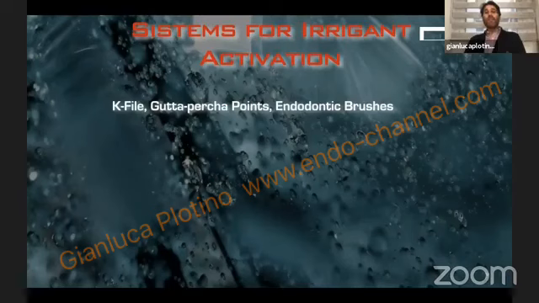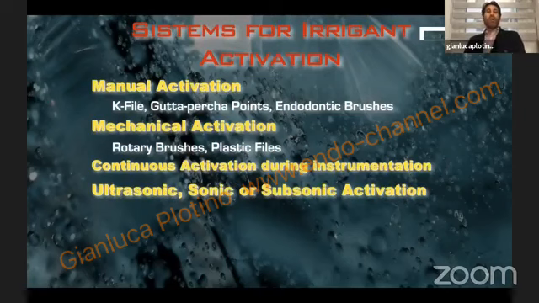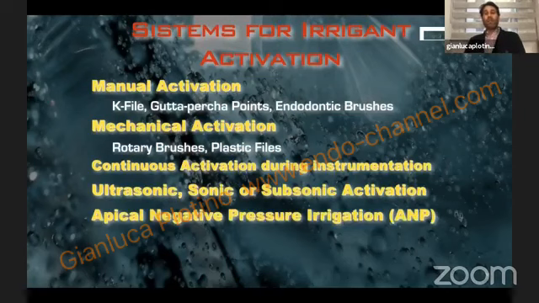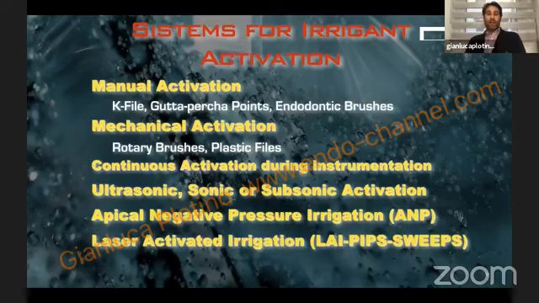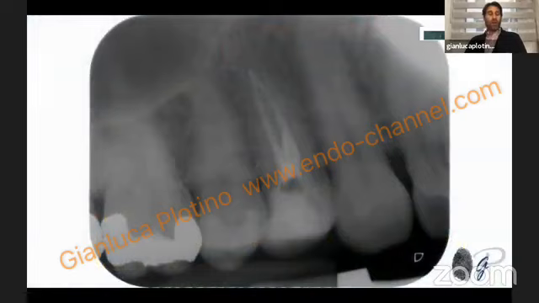We have a lot of systems for irrigant activation, clearly: manual activation, mechanical activation, continuous activation, ultrasonic, sonic, or subsonic activation, apical negative pressure, laser activated irrigation, positive pressure devices. In my practice, I always use ultrasonic or high power sonic activation of the irrigant.